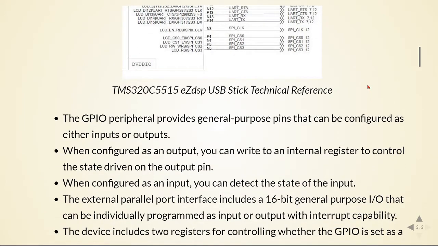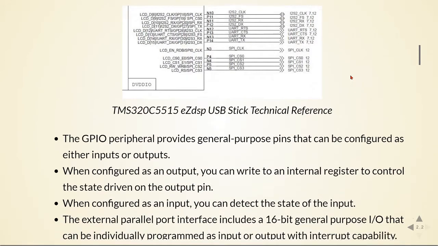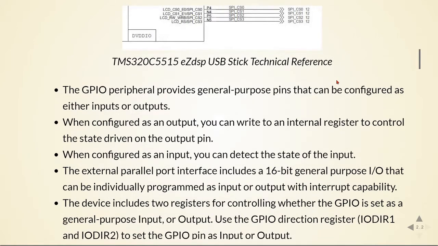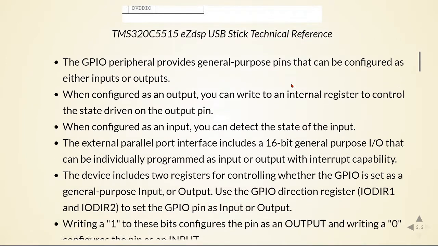So the GPIO peripheral on this C5515 provides general purpose pins that can be configured as inputs or outputs. When configured as an output, you can write to an internal register to control the state driven on the output pin. When configured as an input, you can detect the state of the input.